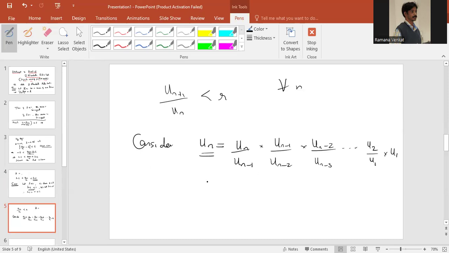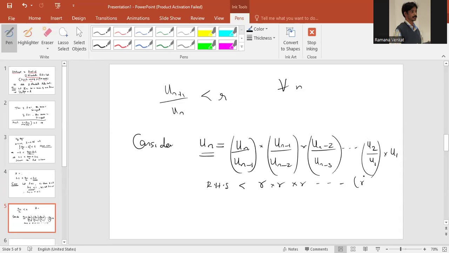And now we should not say equal to, we should say less than R, because this term is less than R, this term is again less than R, this term is again less than R, and so it is less than R so many times u1. Therefore un is less than R power n minus 1 times u1 for all n.